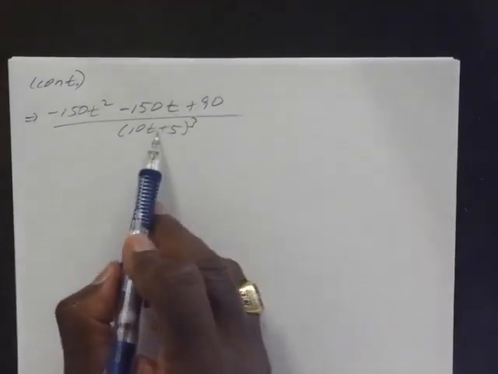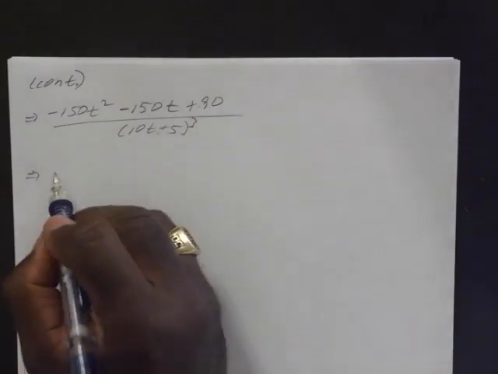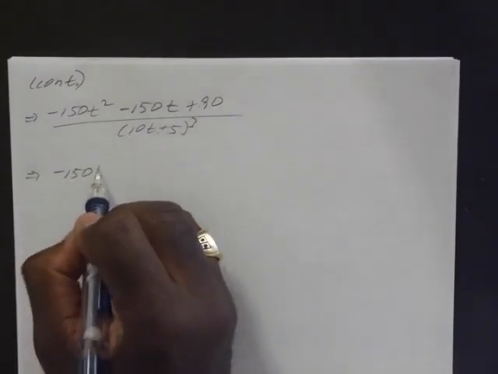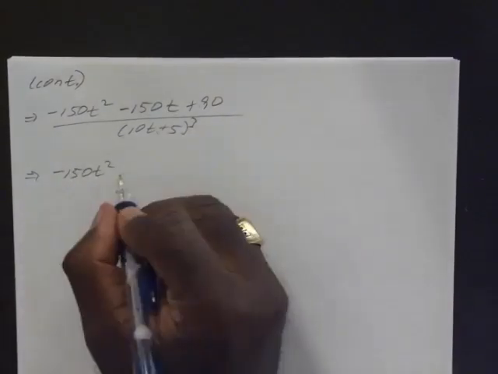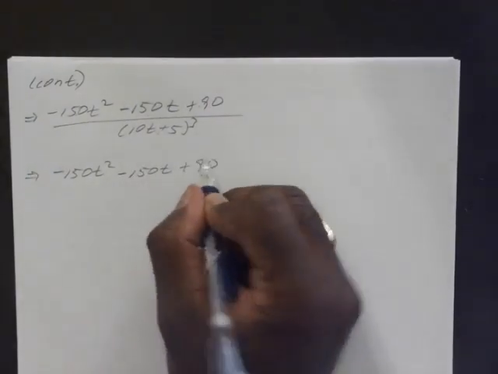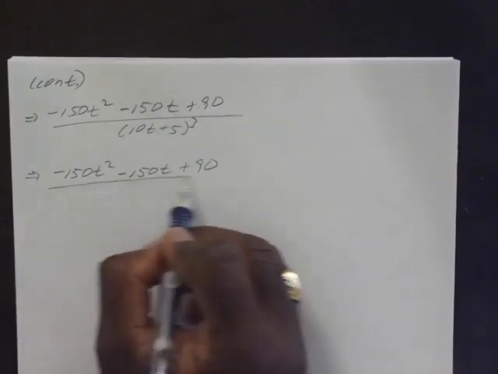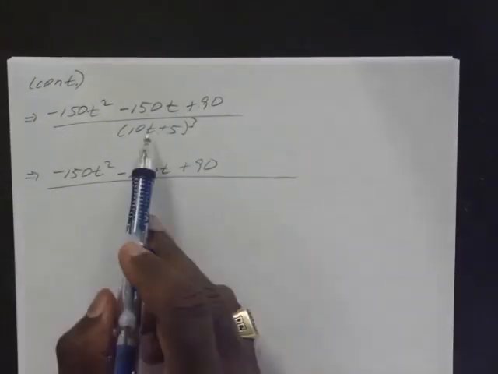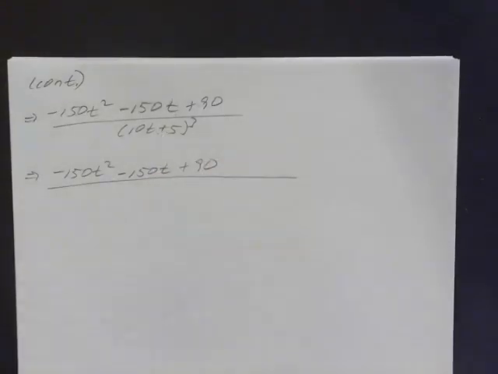So if we expand our denominator, it gives us negative 150t squared minus 150t plus 90 divided by 10t plus 5 times 10t plus 5 times 10t plus 5.